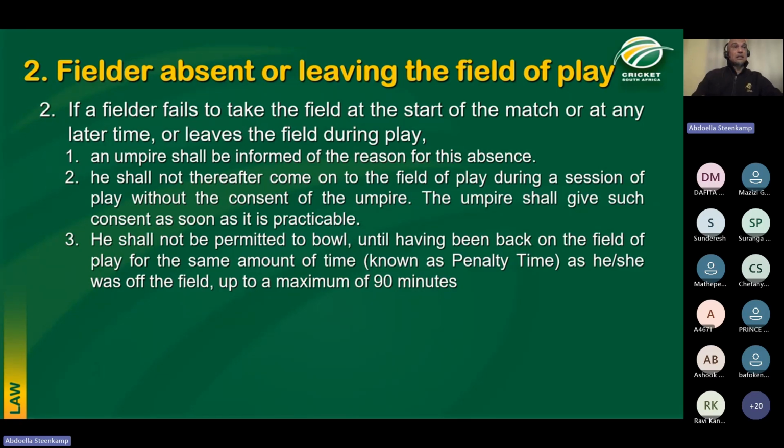So if John left at 10:30 and he came back at 11 o'clock, so he was off for 30 minutes, John can only bowl at 11:30. He needs to field for 30 minutes before he is allowed to bowl. But there's a max of 90 minutes that the law allows for penalty time that a fielder can serve.